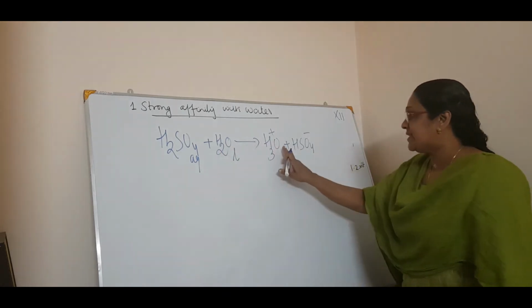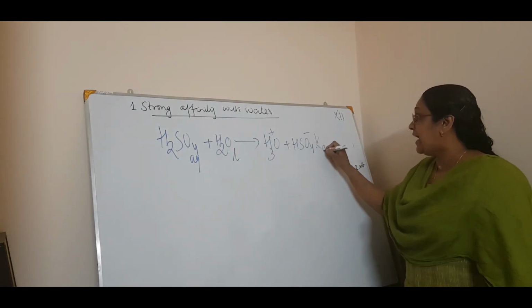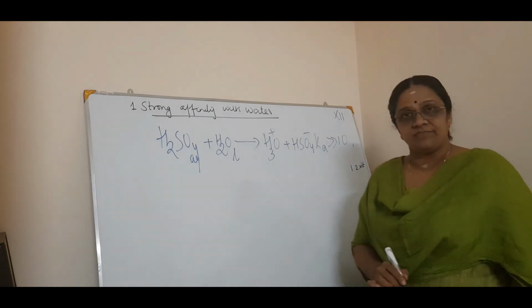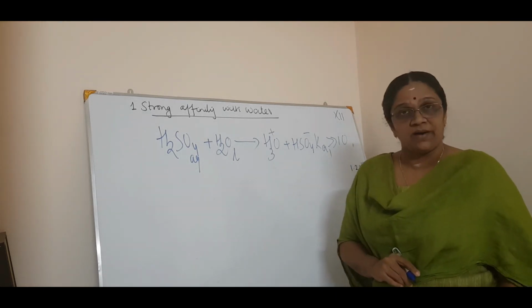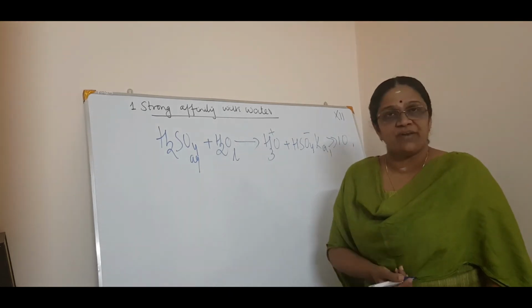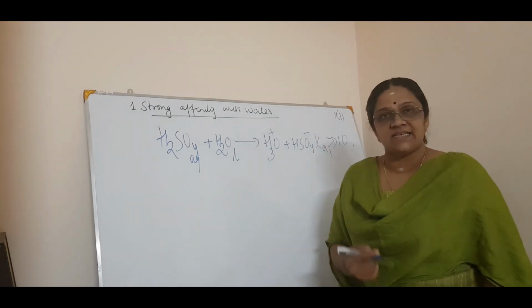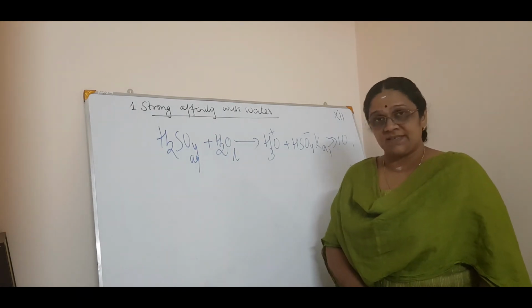So first is H3O+ plus HSO4-, and its Ka1 value is very much greater than 10. You know what is Ka? Ka1, the first step, that is the dissociation constant of an acid. Now greater the dissociation constant, greater is the acid. So that is why you call sulfuric acid a very strong acid.